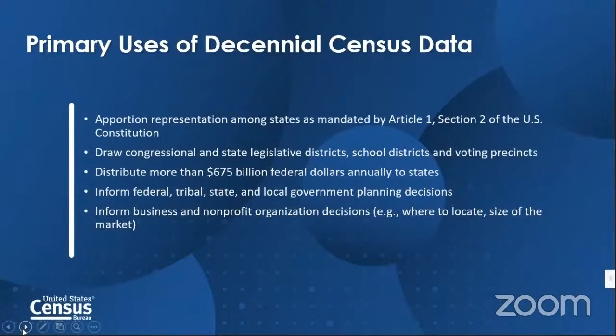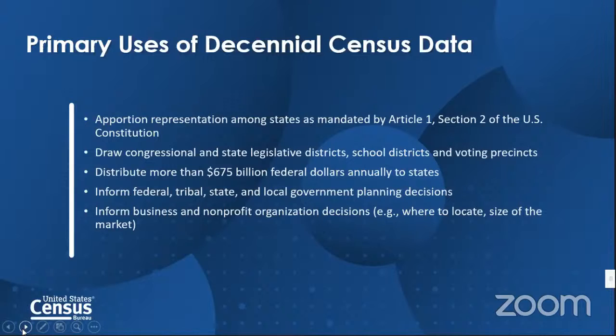Aside from apportioning congressional representation, the results of the decennial census are used to draw congressional and state legislative, school districts, and voting precincts. Decennial data is also used to distribute more than 675, and this number has probably changed, but we haven't received the official release yet, but $675 billion in federal funds each year.